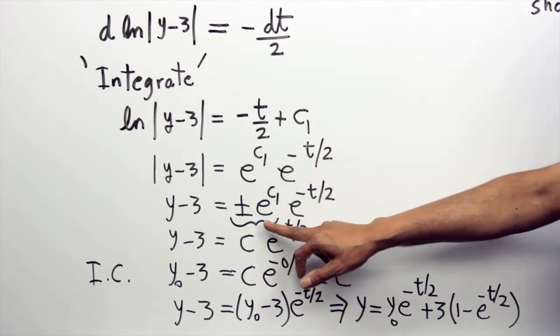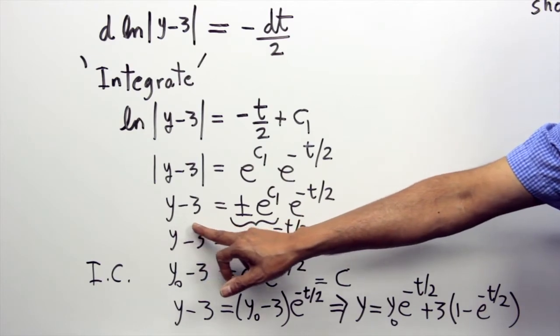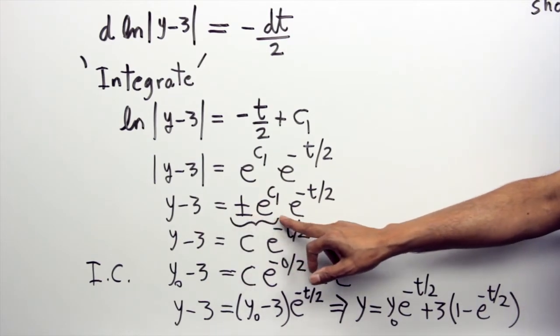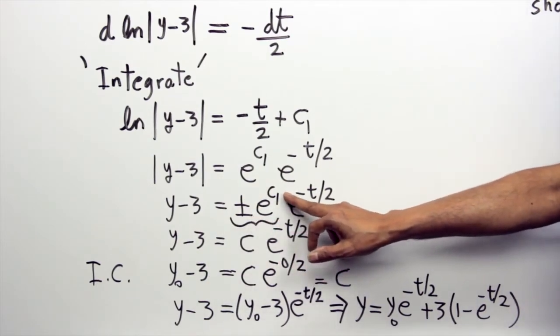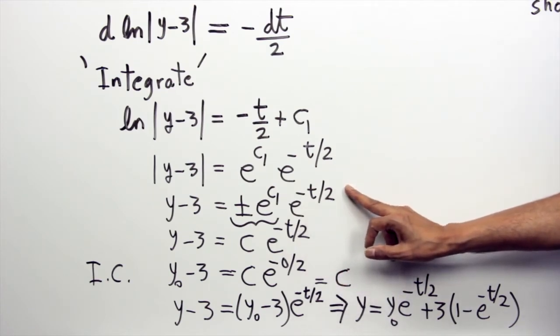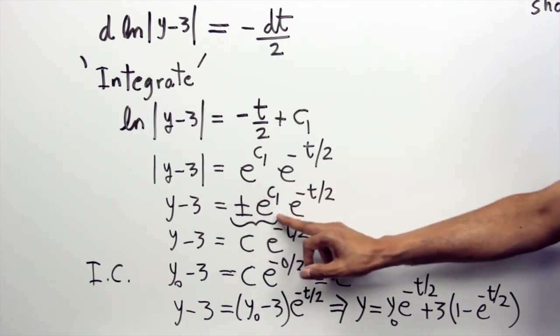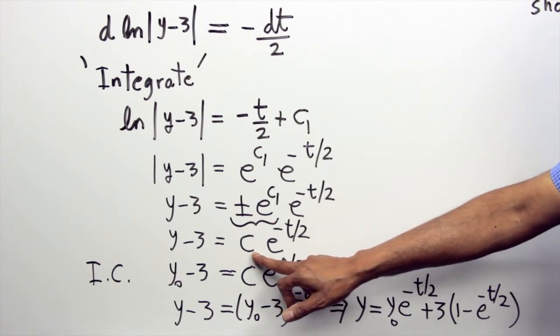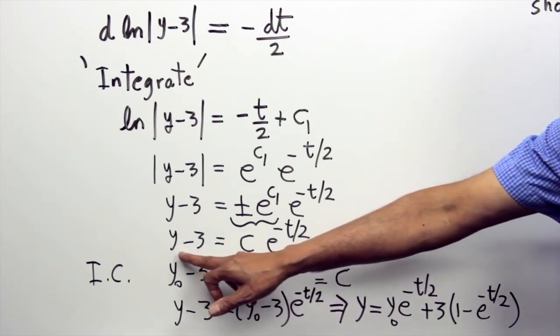And so just carrying that one more step, we can say that y minus 3 equals plus or minus the exponential of this constant c1 times e to the minus t over 2, and this part here we can call another constant c, which is the next step here.